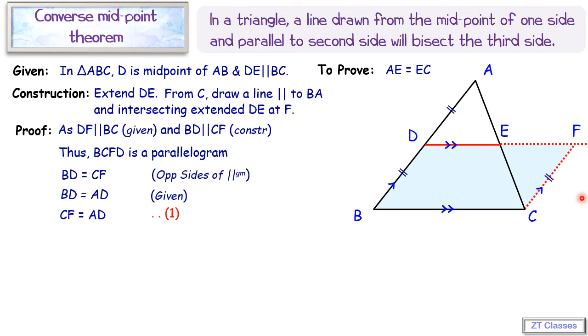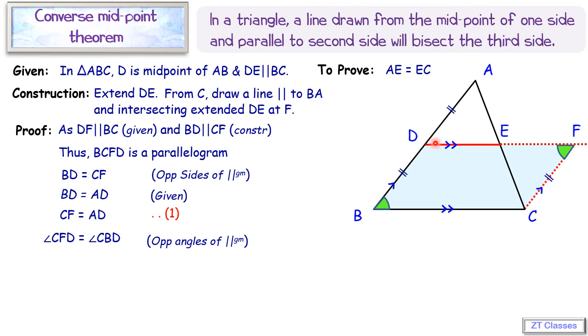Let's name this as 1. Also in a parallelogram, opposite angles are equal. So CFD, this angle is equal to CBD, right? Now this angle CBD is also equal to angle EDA. Why?